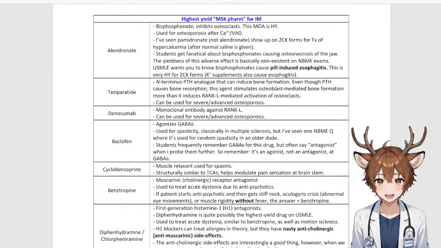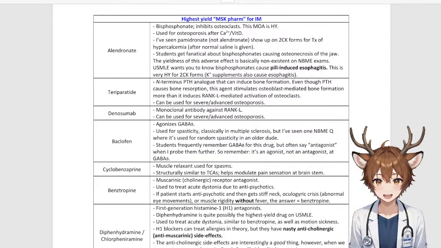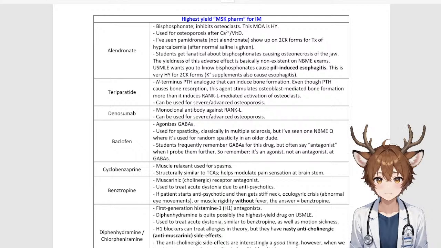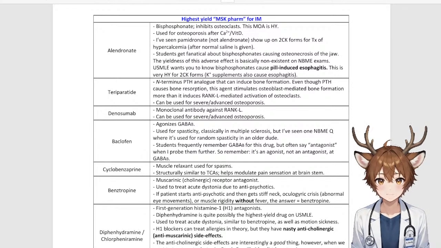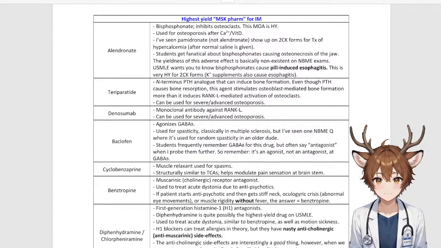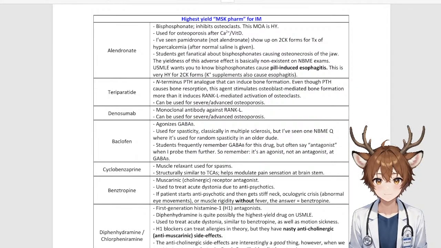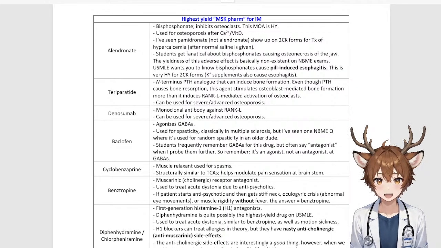So it's interesting, they have opposite effects in a certain sense, even though one's an analog of the other. This agent stimulates osteoblast-mediated bone formation more than it induces RANKL-mediated activation of osteoclasts. And bear in mind, how are osteoclasts activated? By osteoblasts. So basically, teriparatide, like the PTH, I believe, you could look this up for more accurate detail, both activate osteoblasts, and these osteoblasts can both activate osteoclasts.